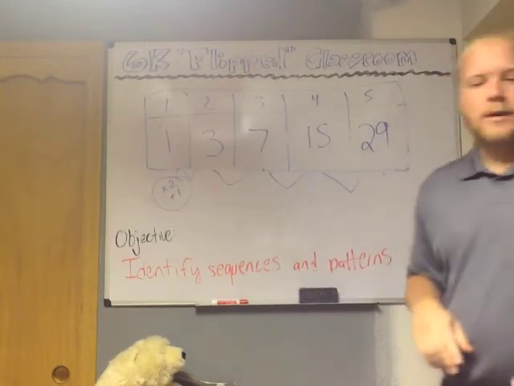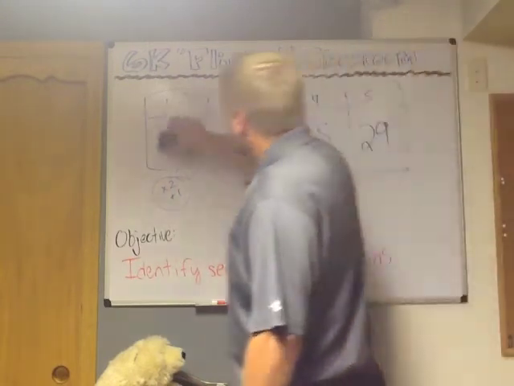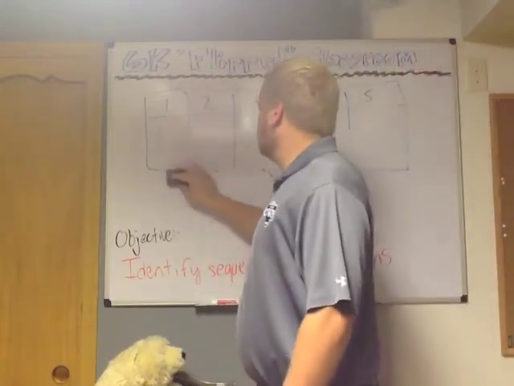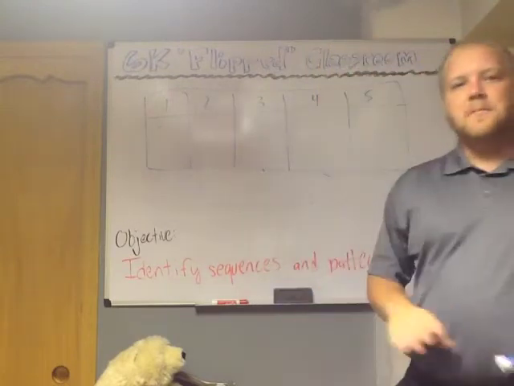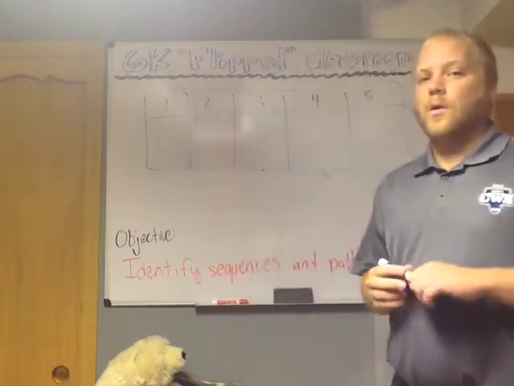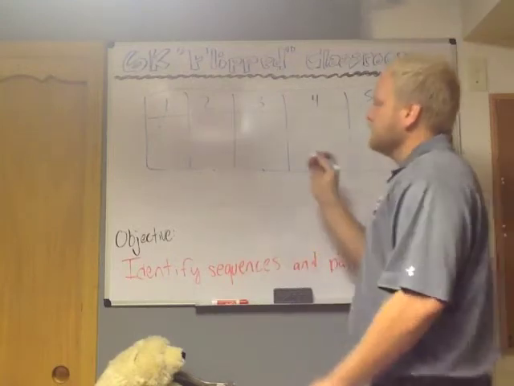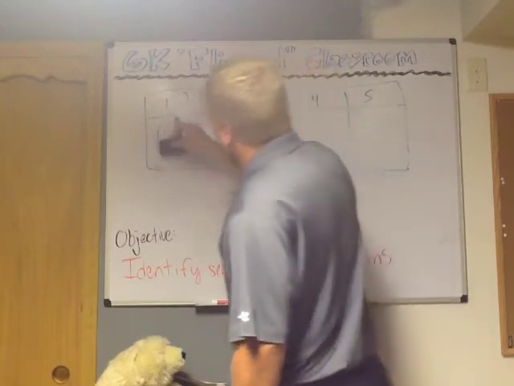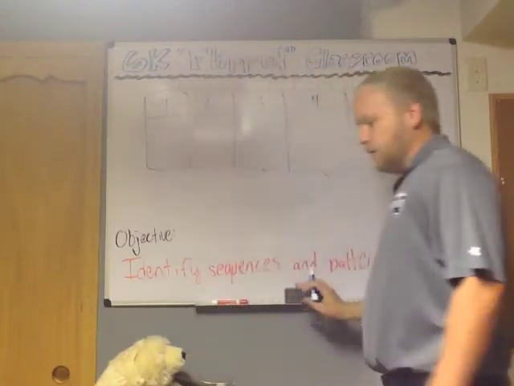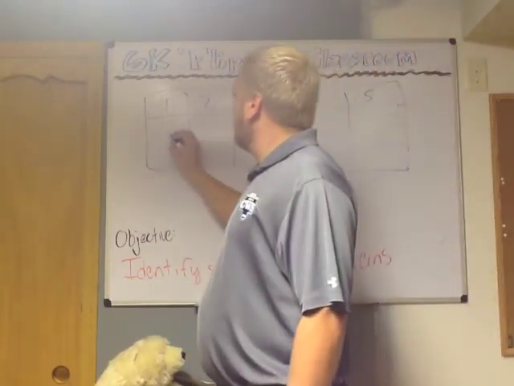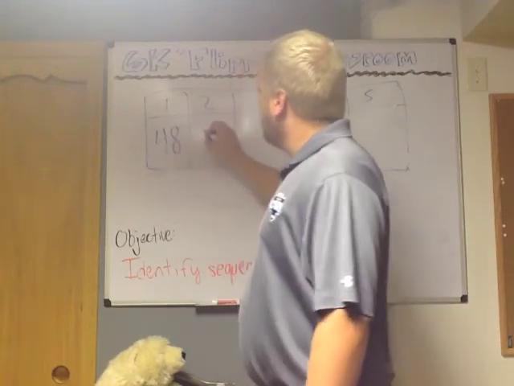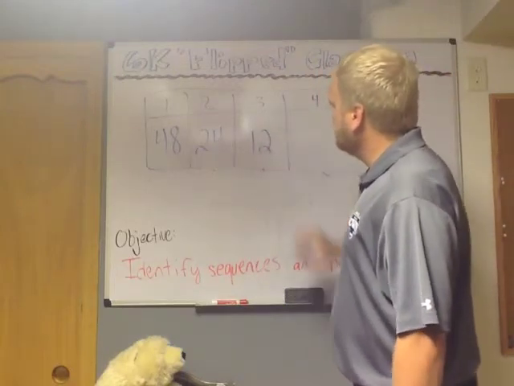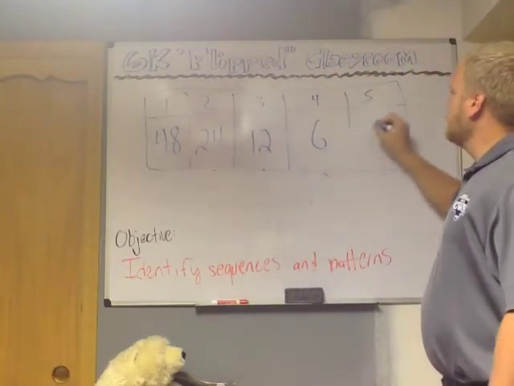I'm going to give you one that you need to solve for tomorrow. This one might either be an easy one or a difficult one. This one may not include addition or multiplication. It might be something different. We're going to go 48, 24, 12, 6, and question mark.